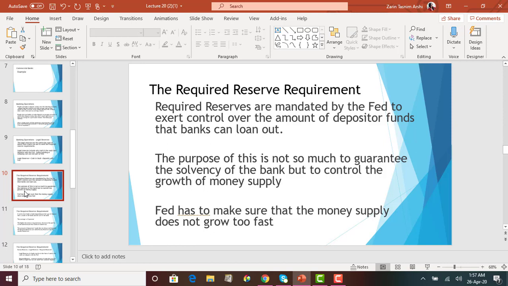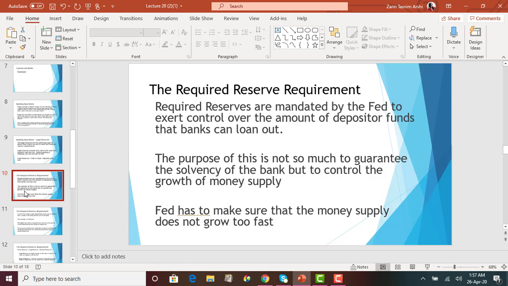So let's say I deposit $100 in Wells Fargo. They are required to keep a certain portion of that $100 as a required reserve for the bank, because it is mandated by the Federal Reserve, or the Fed, who controls the money supply.